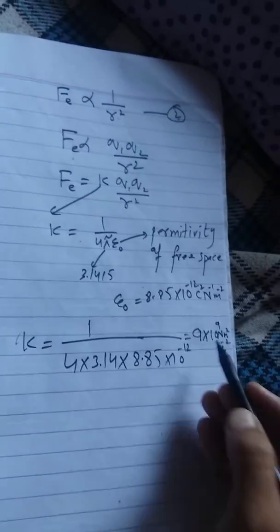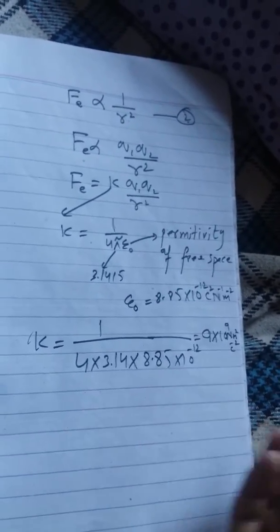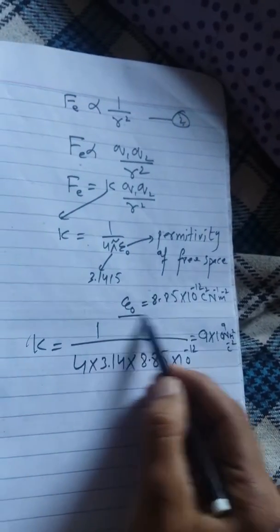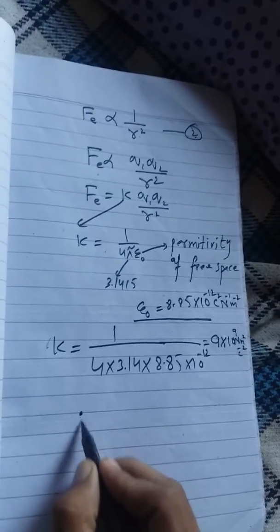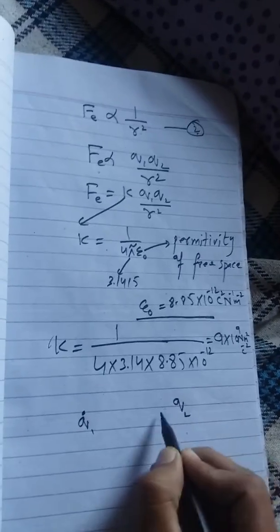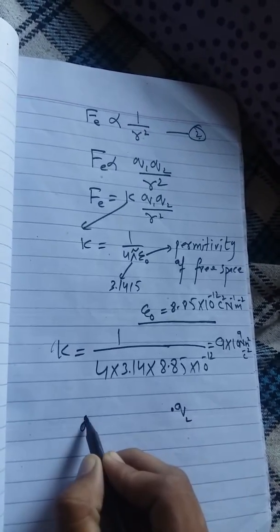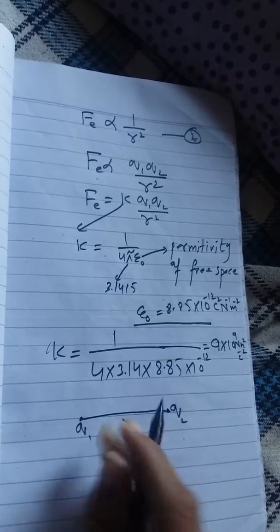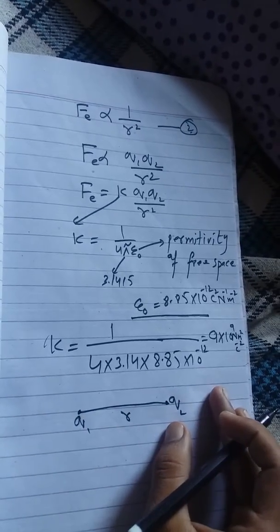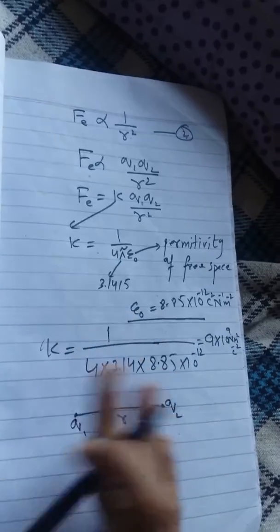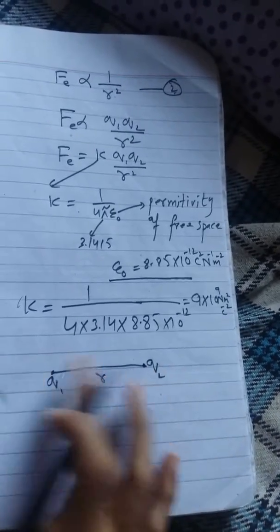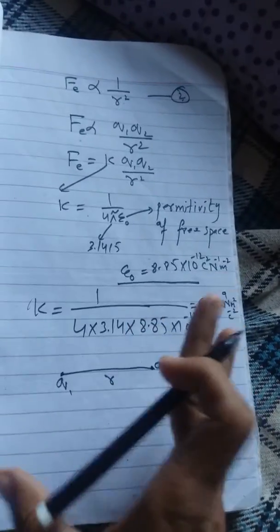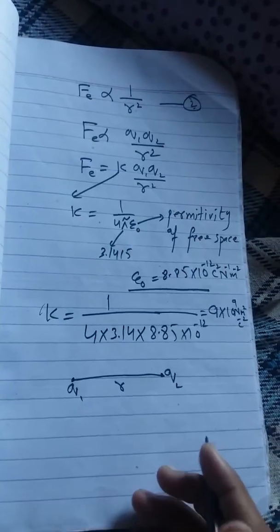This is the value of K I have calculated. This is when the medium between the charges Q1 and Q2 is air, not any insulator or other material, that is, air or free space, then I will get this value with epsilon naught.